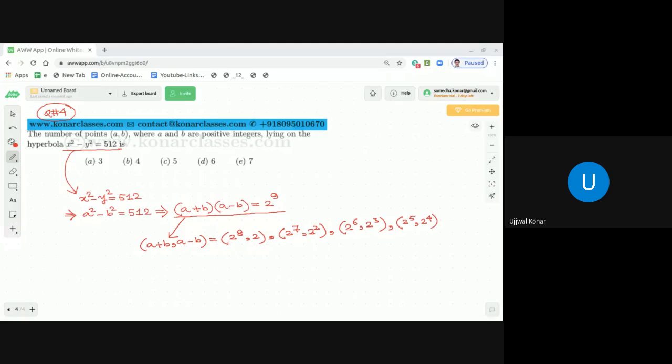Okay, so these are the different ordered pairs we can get.